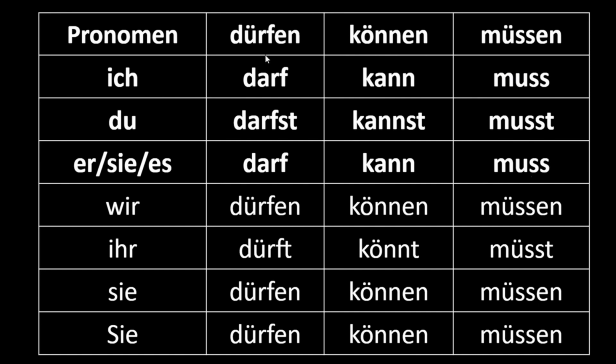Let us read through the conjugations for dürfen. Dürfen means to be allowed to. If you want to say, I am allowed to, you need to say, ich darf, du darfst, er, sie, es darf, wir dürfen, ihr dürft, sie dürfen.